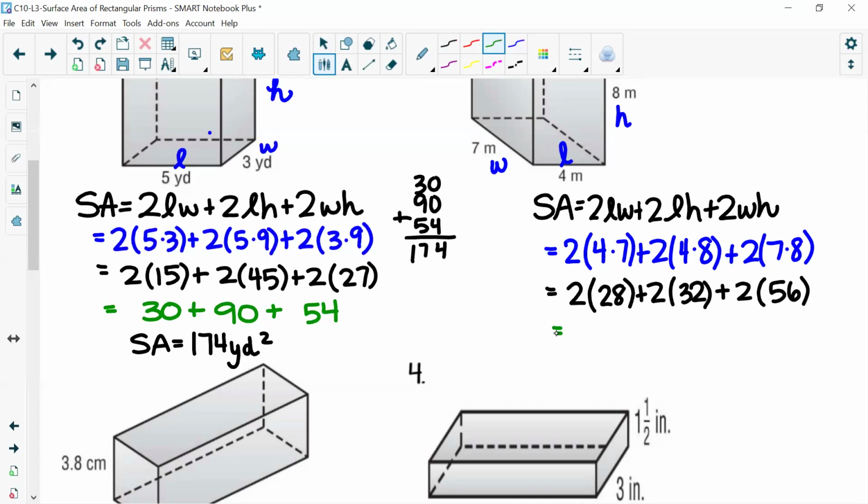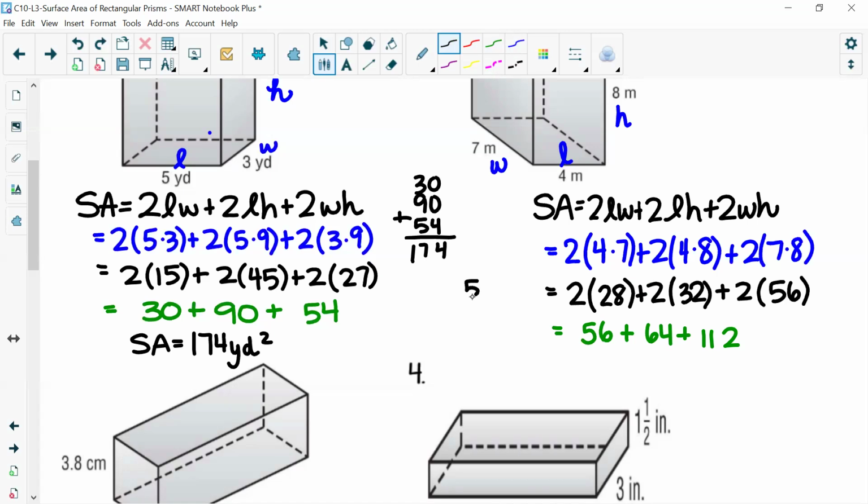So now 2 times 28, we have 56, plus 2 times 32, which would be 64, plus 2 times 56, which would be 112. Now I'm going to add these up.